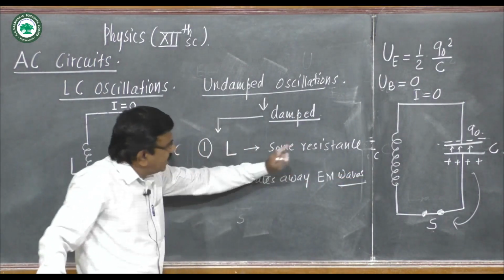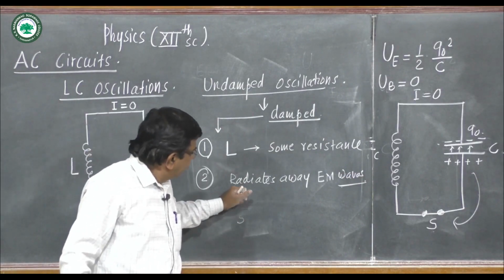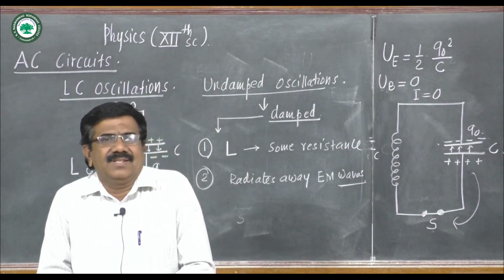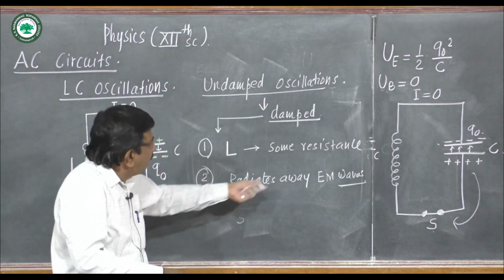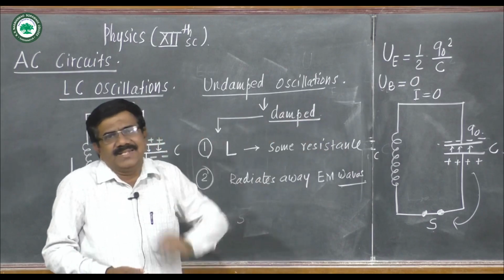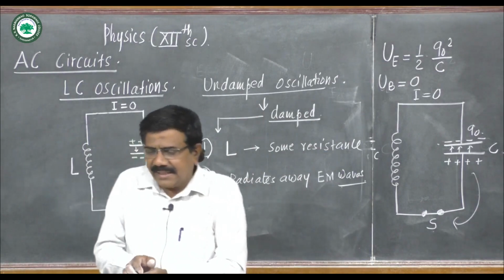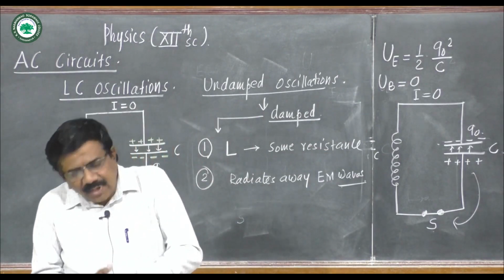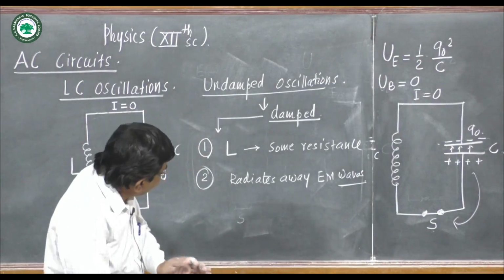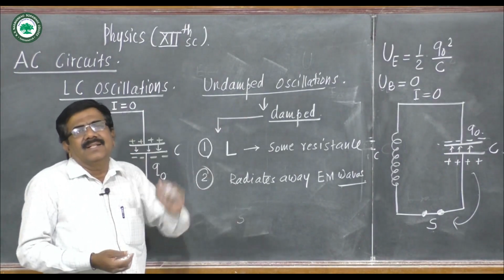This is the ideal case, but the energy radiates away in the form of electromagnetic waves, and as energy is radiated in this form, the oscillations are damped oscillations. The working of radio and television transmitters is based on such electromagnetic radiations.